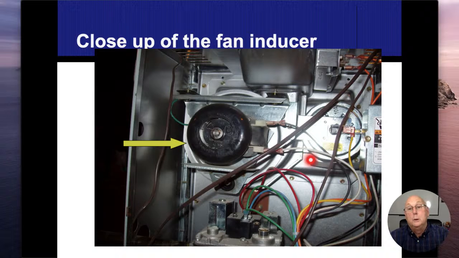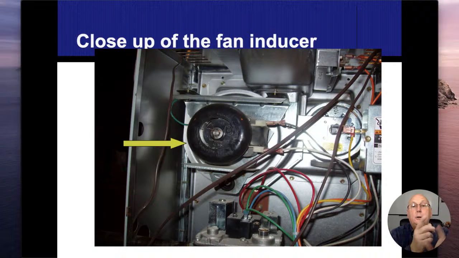Now sometimes you will see a tube, either it'll go to the heat exchanger or it'll go to the underside of the inducer fan. And if it's spinning, if it's creating those pressures, then that device will close, sending a signal to the computer saying, yep, my inducer fan is running, it's spinning, I created a draft, you're good to go to the next stages.